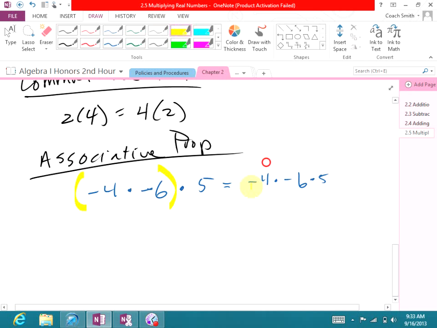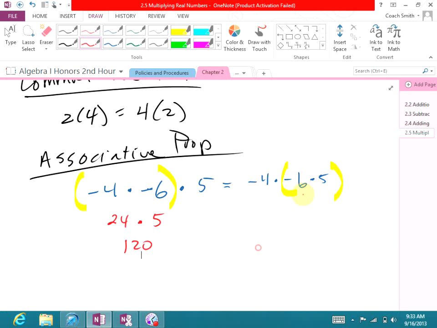Doesn't matter if I do those 2 numbers first. Either way, I'm going to end up with the same answer. So let's just prove that. -4 times -6 would be a positive 24, times 5 would be 120. Now, it's positive because I have 2 negative signs.